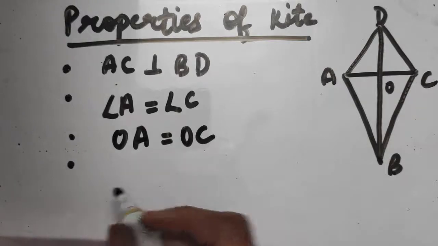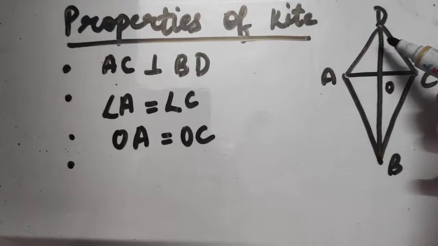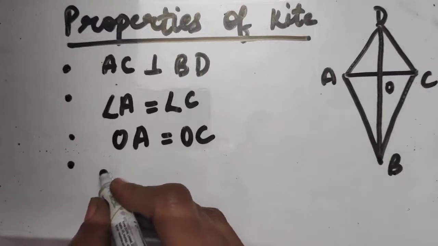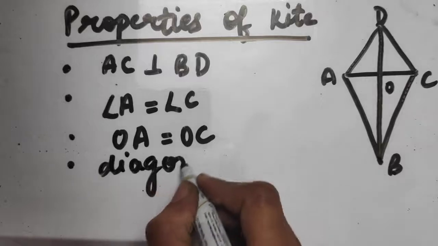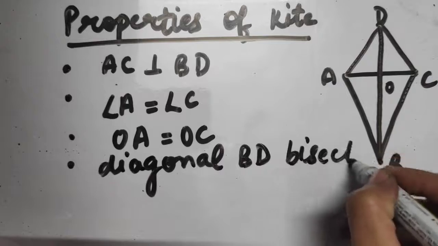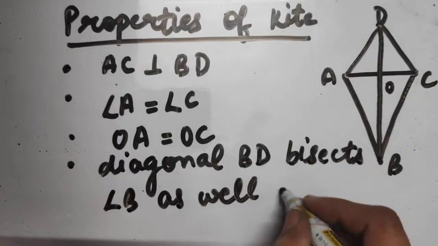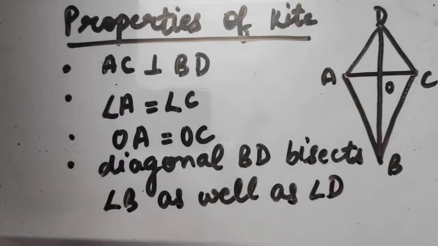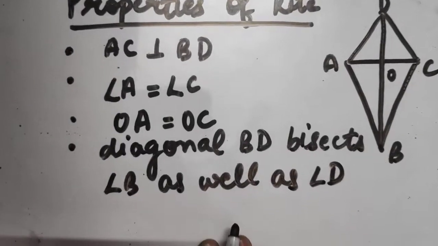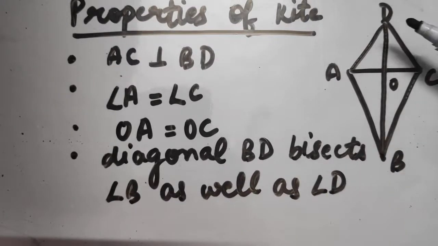The fourth property is the diagonal BD bisects angle B as well as angle D. Next property is, in this diagram, diagonal BD divides the kite into two congruent triangles.